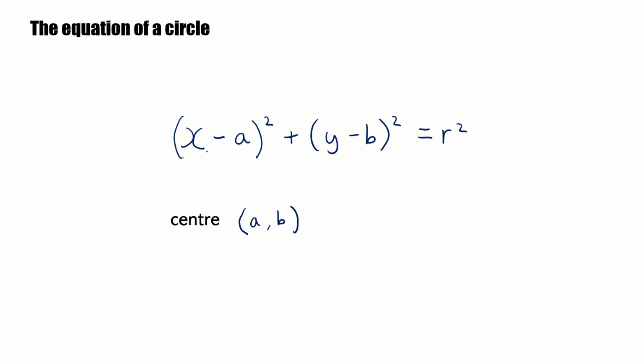Do note, therefore, it is a minus a and a minus b inside the equation of the circle, but then it's positive a, positive b for the coordinates. In other words, what you see inside the equation is minus 1, lots of what's happening in the coordinates. And then also, you can know the radius of the circle from the equation because it's just the value of r.